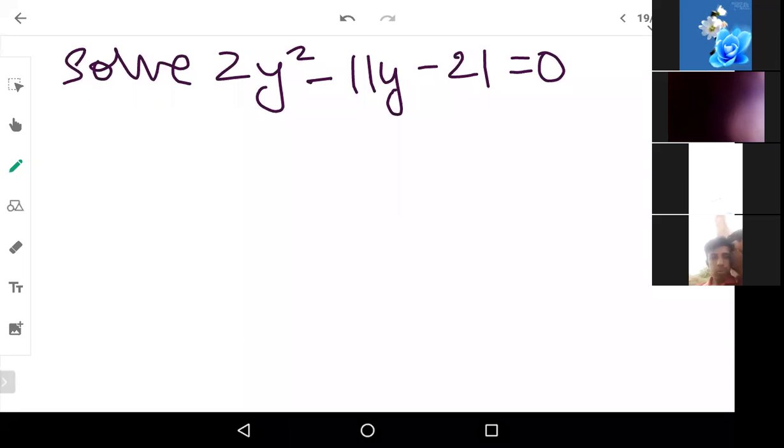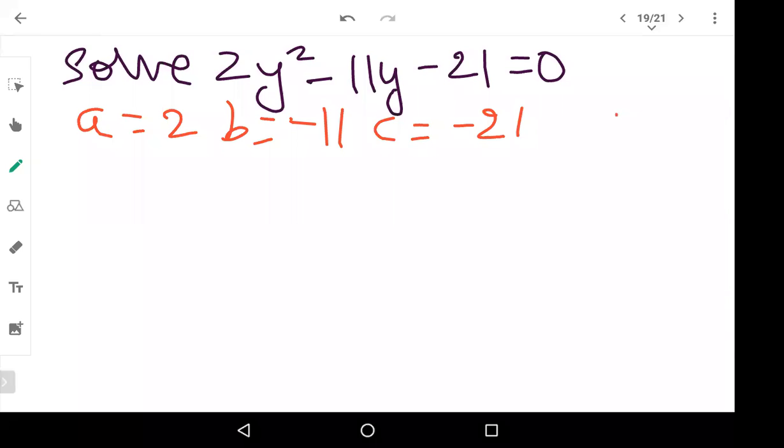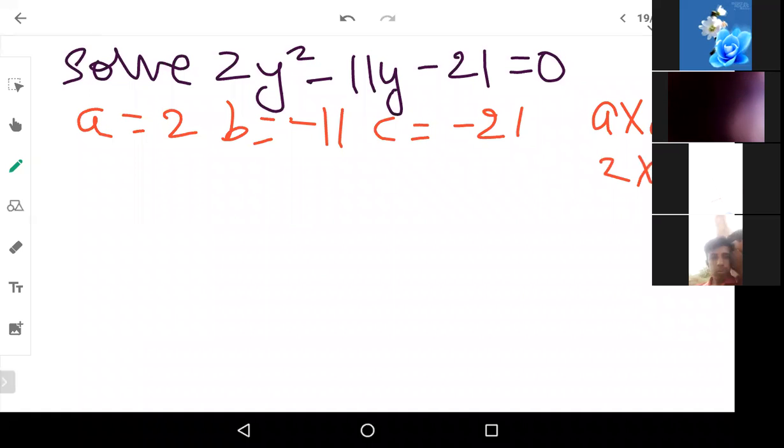Now, in this problem, A is equal to 2, B is equal to minus 11, C is equal to minus 21. Okay. So, if you see this, now, A into C is equal to 2 into minus 21.